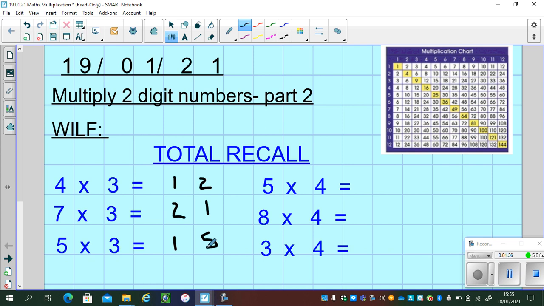Let's move on to the next 3. 5 times 4 is 20. You could also say 4 times 5. 8 times 4 or 4 times 8 equals 32. 3 times 4 or 4 times 3 is 12. Great total recall, everyone. Let's move on.